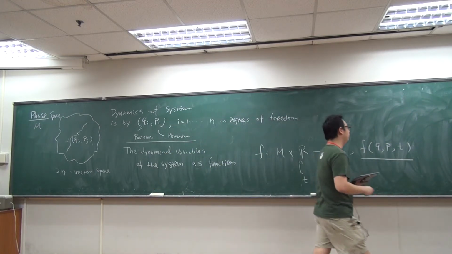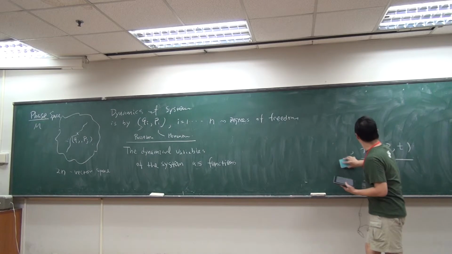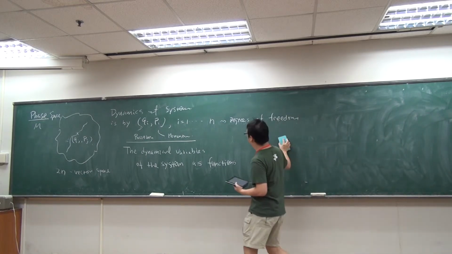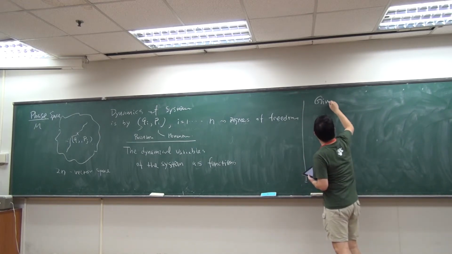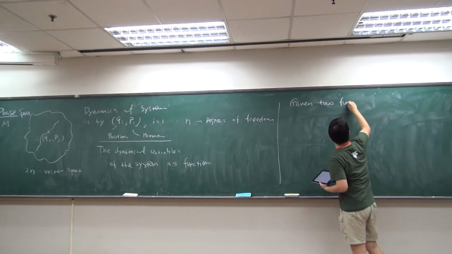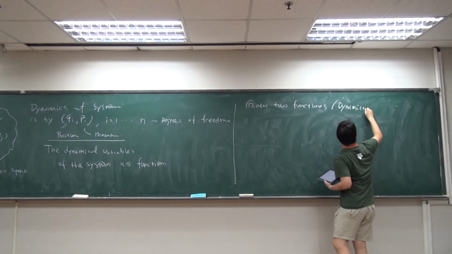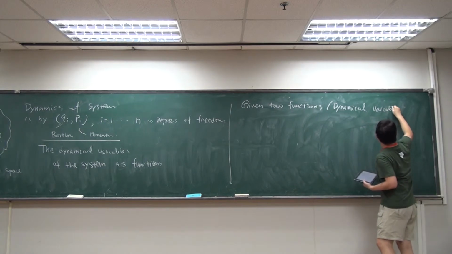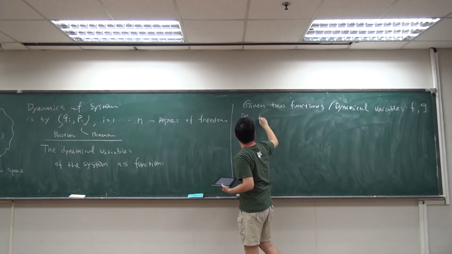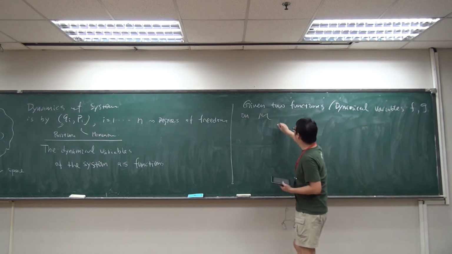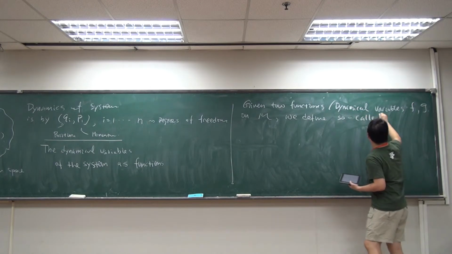And given two functions or dynamical variables, let's call them f and g, on the phase space M, then we can define the so-called Poisson bracket.